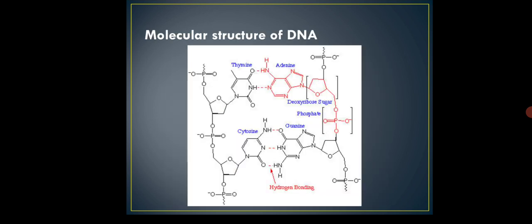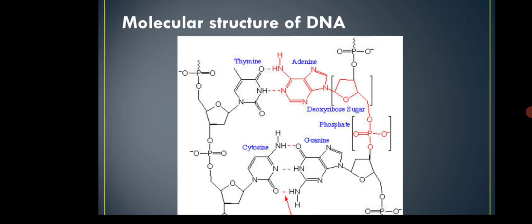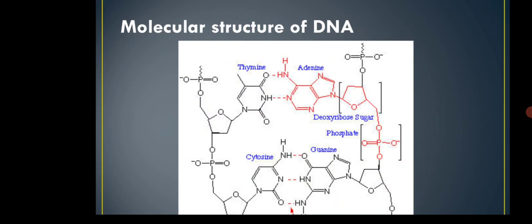If you see in detail, this is the molecular structure of a DNA, in which the strand of the DNA is formed with the help of the phosphate group and deoxyribose sugar. And the steps in the ladder of the DNA are formed due to nitrogen bases.